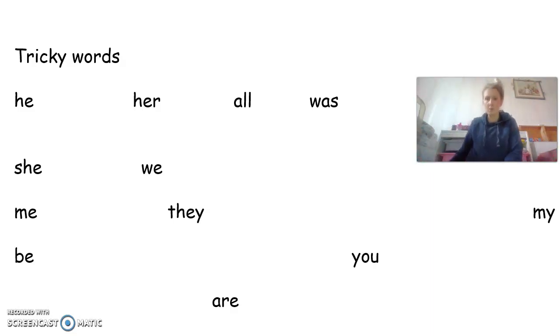Now the two that I'm going to pick today that we're going to look at are this word here, was, and this word here, they. Okay, I'm just going to write how I've noticed some people have been writing it this week in the classroom.